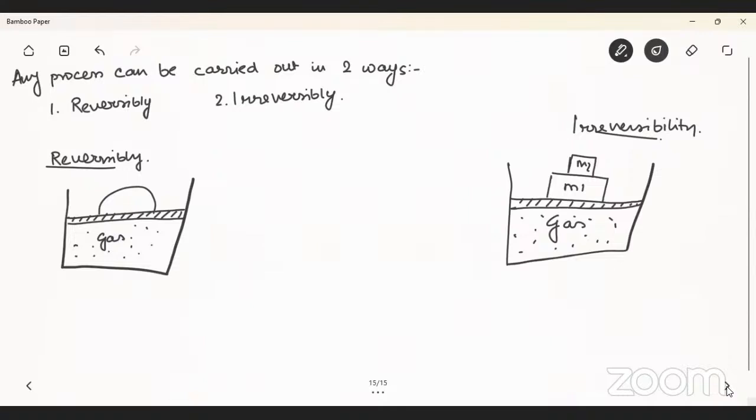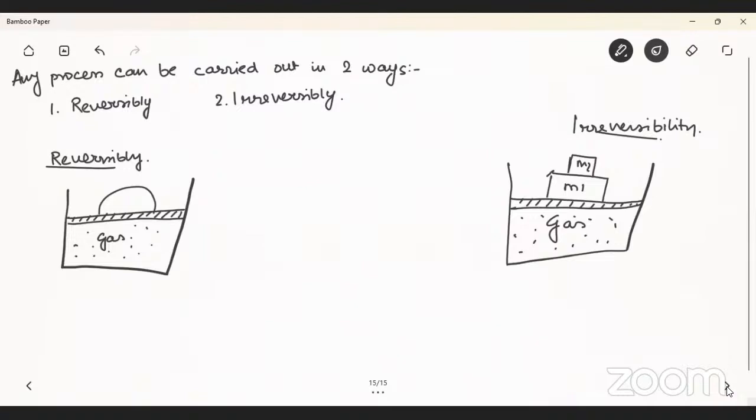In the reversible process, external forces change gradually, but in the irreversible process, external force will change suddenly. The reversible process is slow and hypothetical, while this process is really fast. These are the different conclusions.